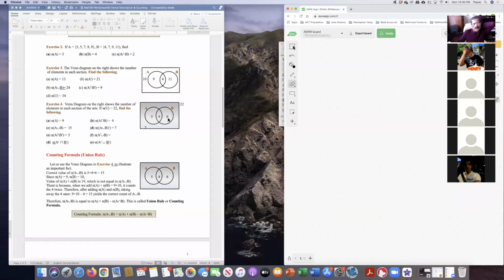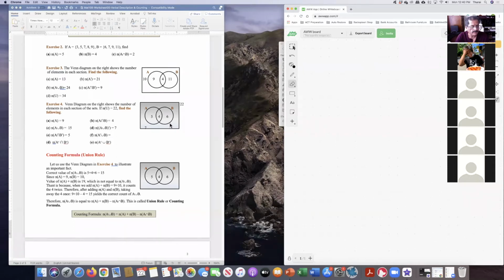Not 13. I think someone said 6. No, that's not it. Is it 17? 17 is right. Okay. I'm glad one student got it right, but I'm going to explain. I know it's a little bit tricky. I'm going to explain on the board.